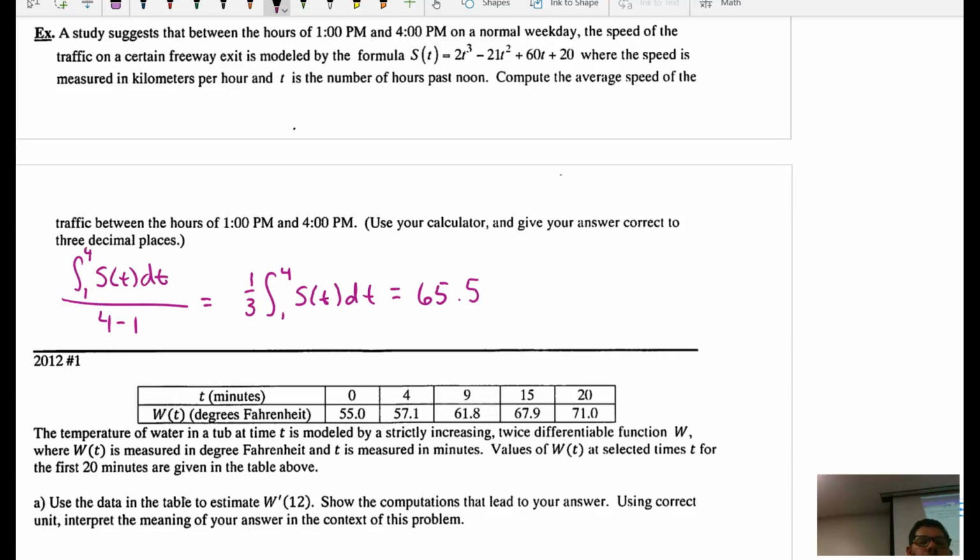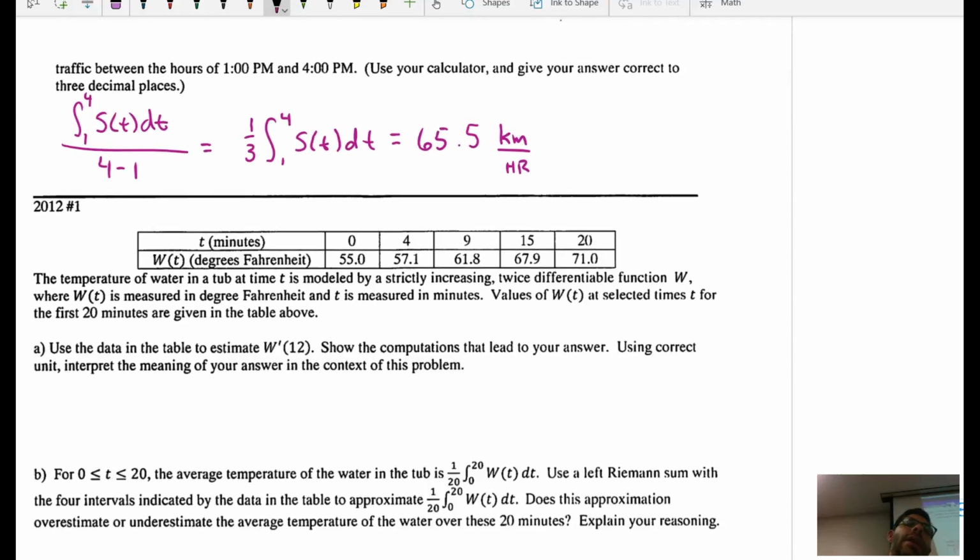What are the units here? Kilometers per hour. So it is a speed. It should have units of speed. The integral can tell us the units also. We're integrating S of t, which is given in kilometers per hour. We're multiplying S of t times dt.